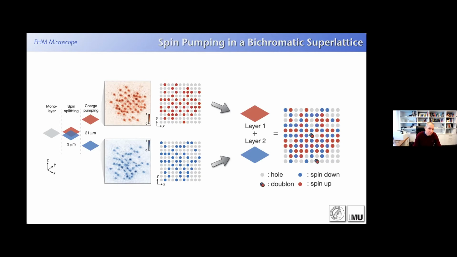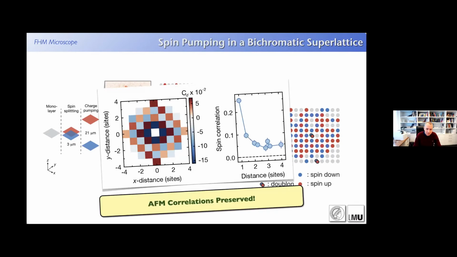But that can actually be ensured. Okay, and just a check showing you again these two-dimensional antiferromagnetic correlations. When we saw that, we were quite happy because it showed us we indeed have quite nice antiferromagnetic correlations, and we see them in the detection, so we know the detection works well.